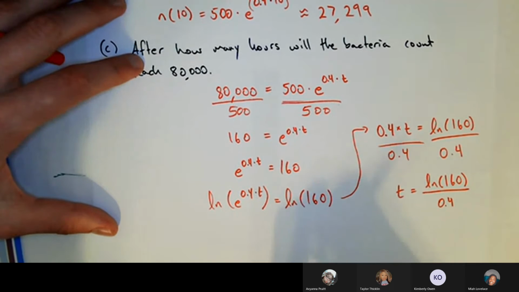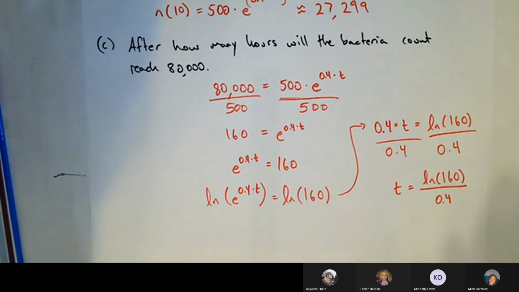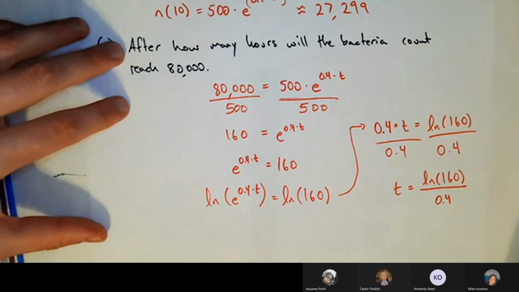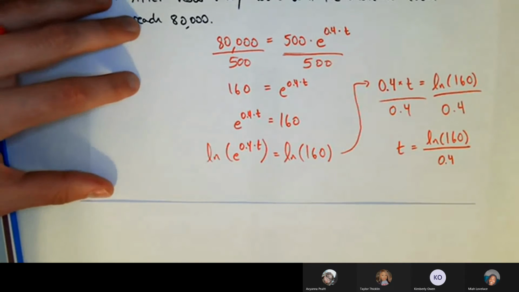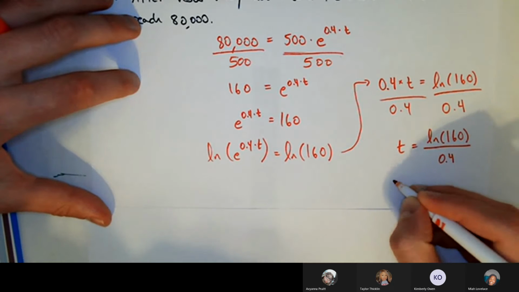That's not totally useful here, though, because remember, in real life problems, exact answers are nice in math class. They're nice to be able to write down. They're nice to give to a computer. But when you want to give someone an answer, how much time will it take for the bacteria count to reach 80,000? You're not going to want to say ln of 160 divided by 0.4 because that's meaningless to a normal human.